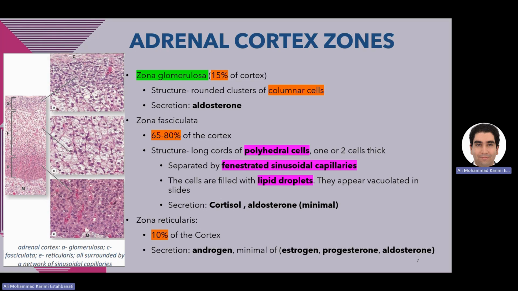My advice is that you don't mention these exception secretions for each zone unless you get asked for them. But it's good to know because, if it comes in the MCQ questions, it could be an easy question for you to score a good point.